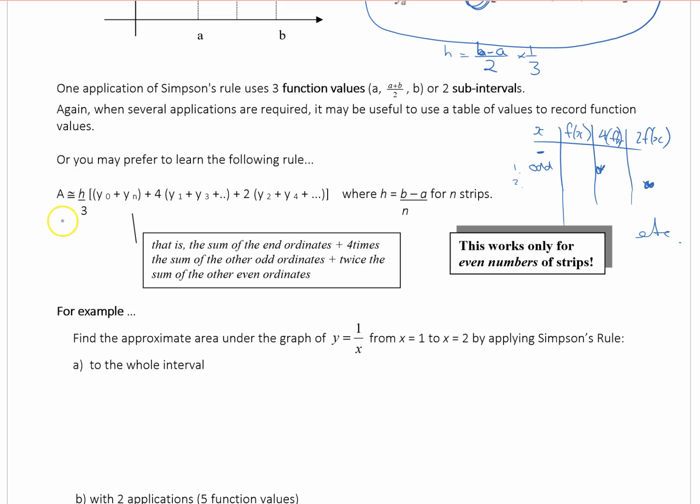Here I've put out another formula that you may see, and again some people will find it confusing because it's different notation. It's only different in that rather than the function value at A, here it's being referred to as y0, the first y value, and the function value at B being referred to as yn.